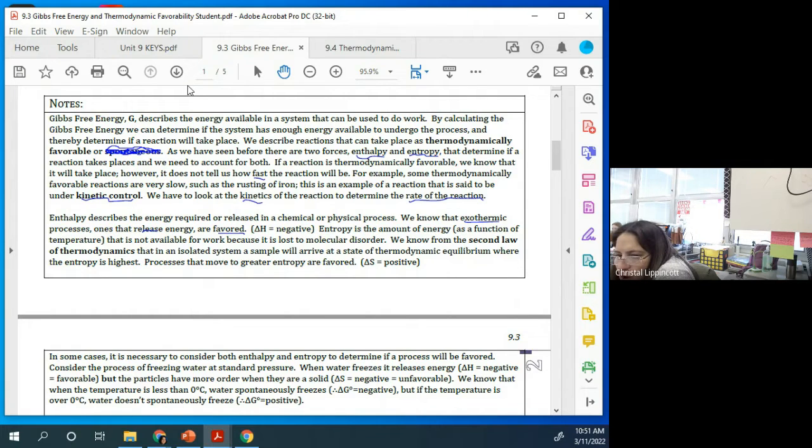We know from the second law of thermodynamics that an isolated system will arrive at a state of thermodynamic equilibrium where entropy is highest. So things tend to go to more microstates or more disorder, just like my desk. Processes that move to greater entropy are favored. So things that release heat and things that go to disorder are favored. So negative delta H, positive delta S.